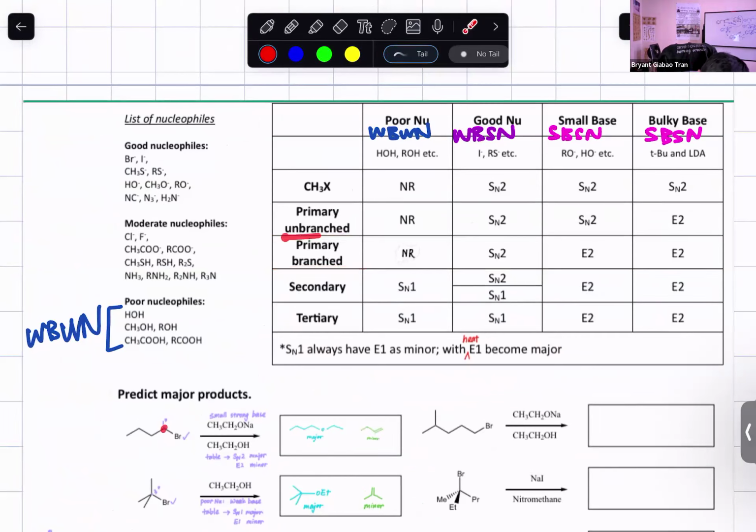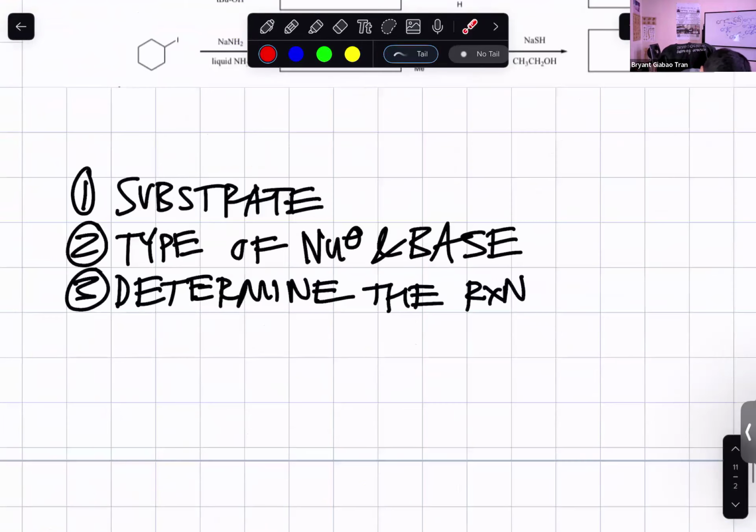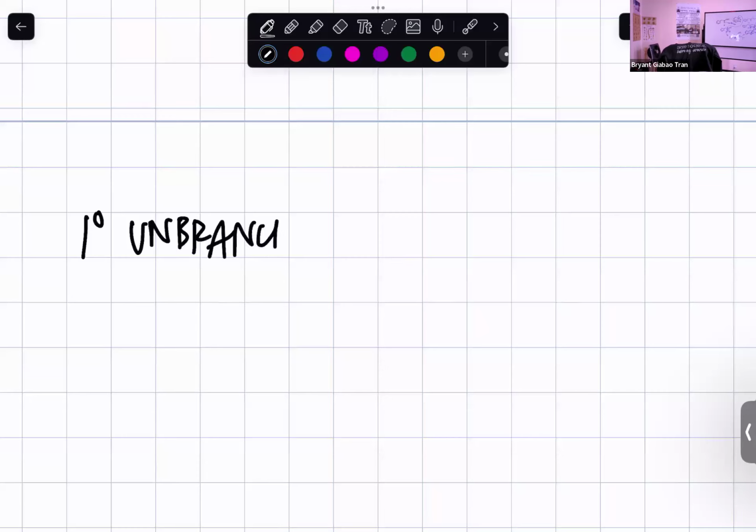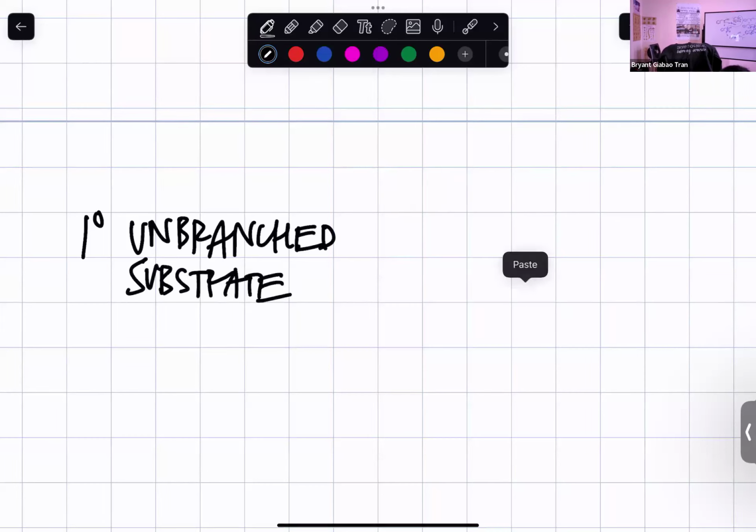this is considered a primary unbranched substrate. So let me show you the difference between a primary unbranched substrate versus a primary branched substrate.